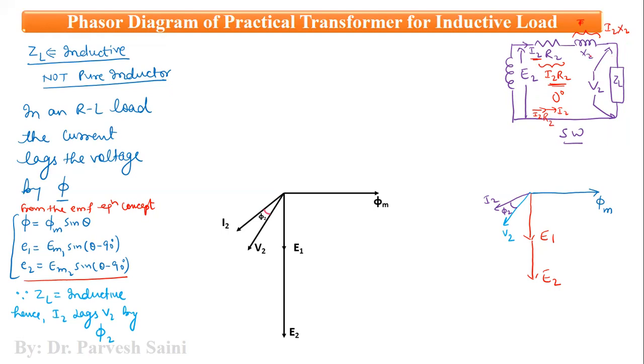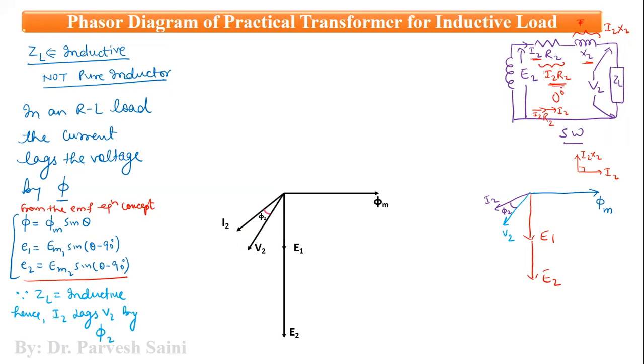Similarly, in case of X2, the current will lag the voltage drop by 90 degrees. So that means we have I2 X2, and I2 is lagging by 90 degrees. From V2, we will draw a phasor; but first I2 R2, not I2 X2, it is I2 R2.